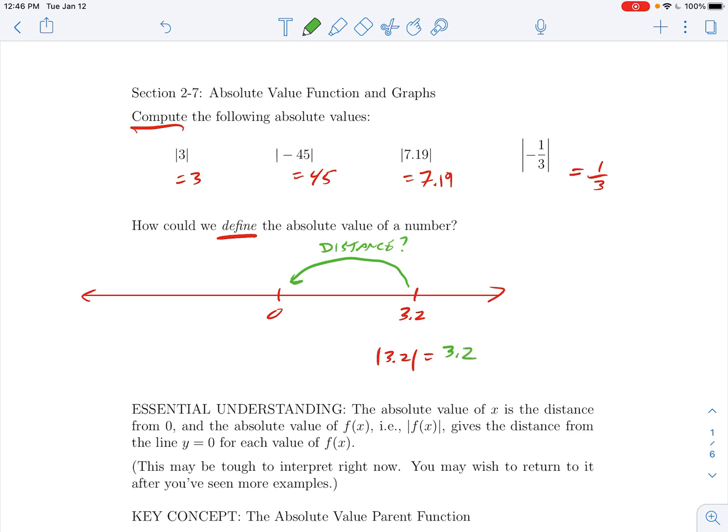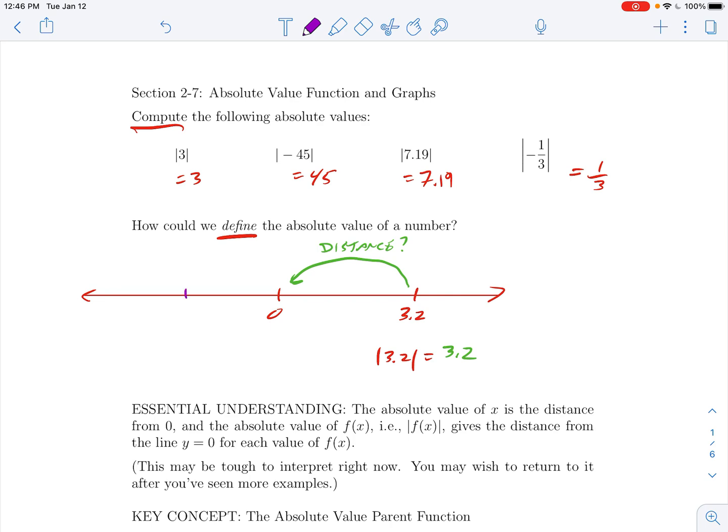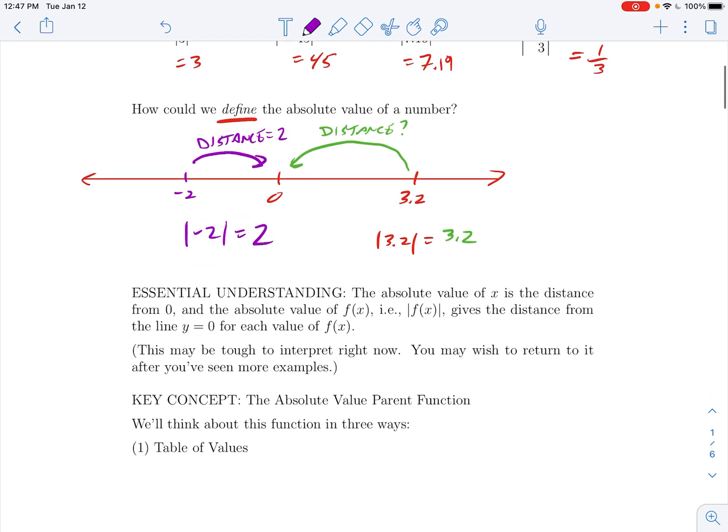And that distance would be 3.2. But if I have a negative number like negative 2, I go in the other direction, but that distance is 2. So the way you should think about what absolute value really is, is as a distance.